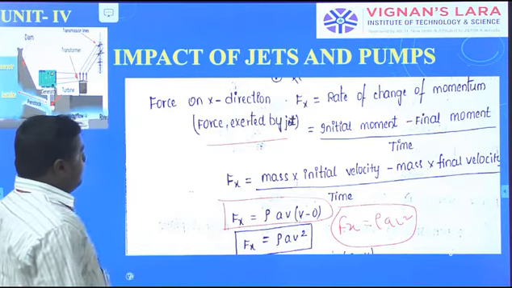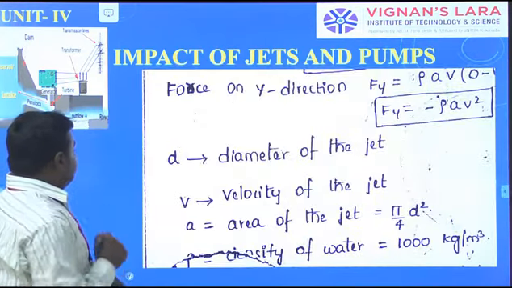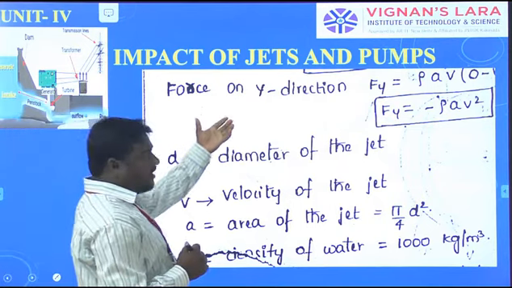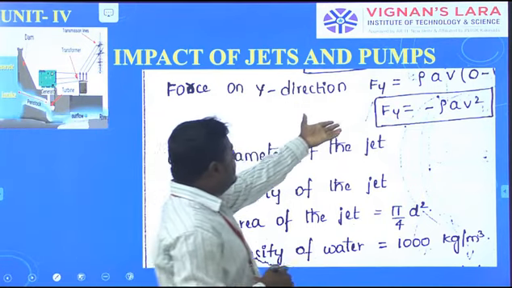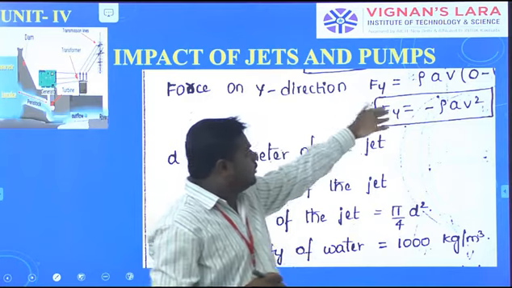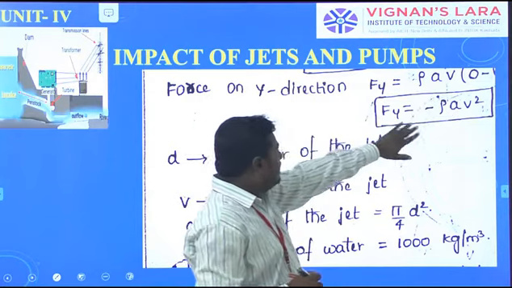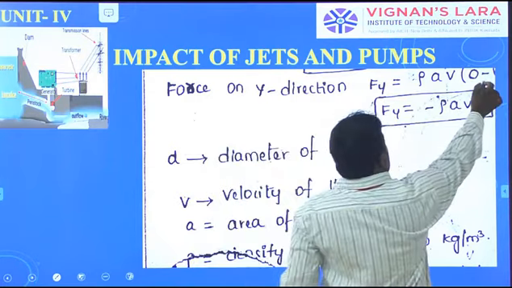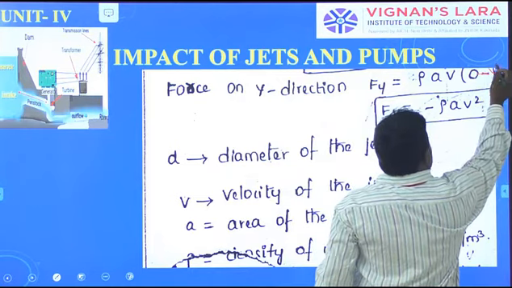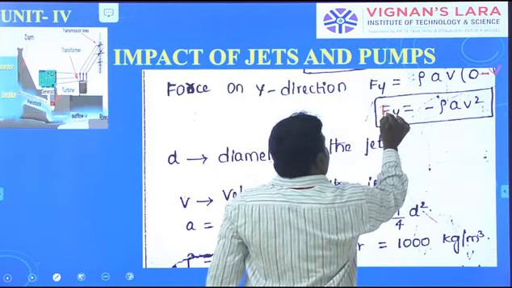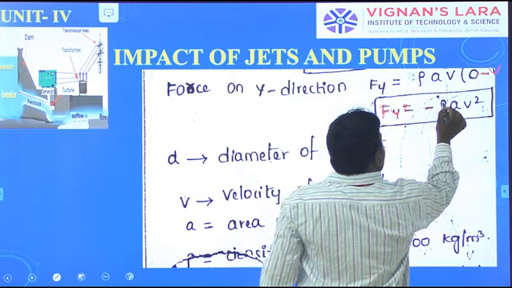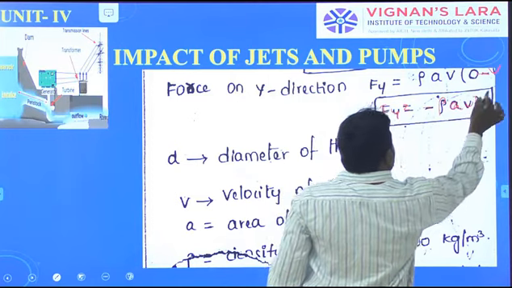Then coming to the y direction, same like that, Fy equals rho A V into 0, because totally it will be 0 and here the V is there. In this regard, Fy equals minus rho A V squared.